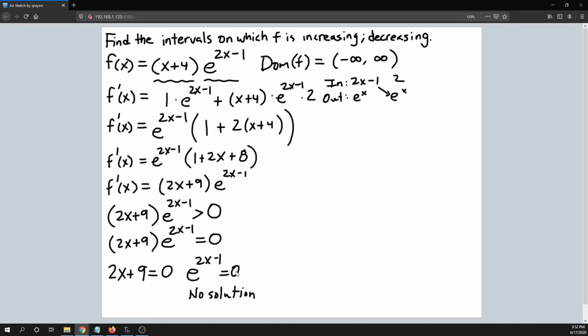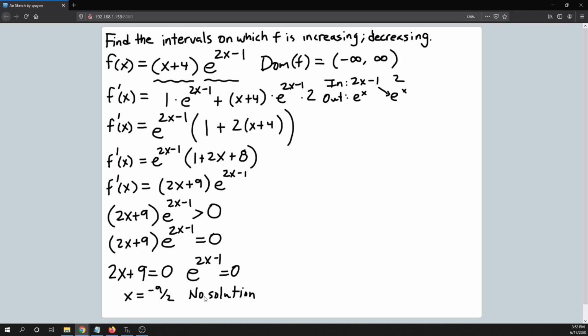You will never get 0. So there is no number that I can plug in for x. Whatever number I get up here, e to that number will be positive. So it just has no solution. And then solving 2x plus 9 equals 0, you'll wind up with x equals negative 9 halves on that one.